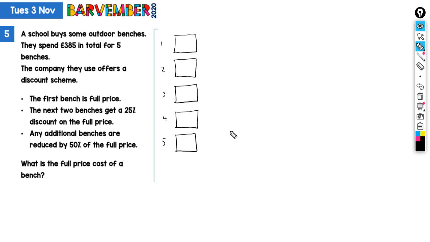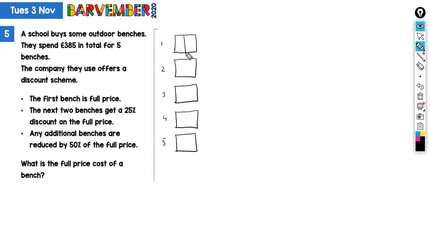So we know the first one is full price, and we've already noted the 25% and the 50%. So what I'm going to do is split all of these into quarters, because if I split one into quarters, I want to know that I'm working with the same units.